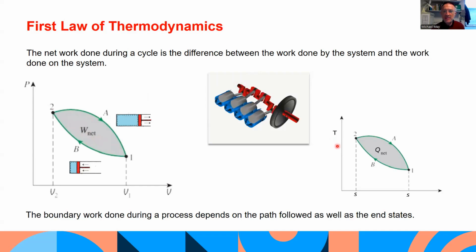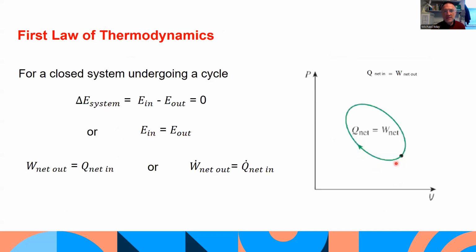We can do something similar on a TS diagram to quantify the amount of heat either added or taken away in a system. And then ultimately, if we apply the first law to a cycle, the change in energy of the system equals the energy in minus the energy out, which would ultimately be 0 to account for all the energy. So the energy in equals the energy out.